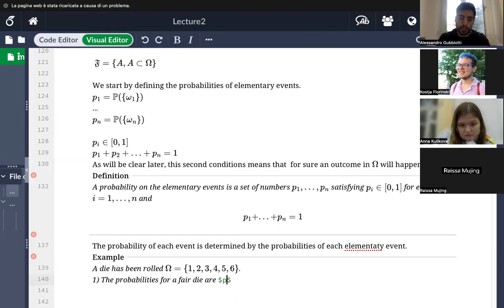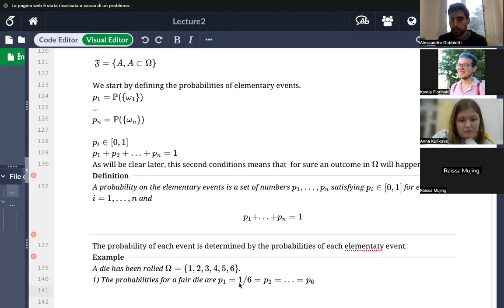P1 is equal to 1 over 6, which is equal to P2, equal to all the other ones, which is equal to P6. So, is it clear why this is the probability of a fair die?